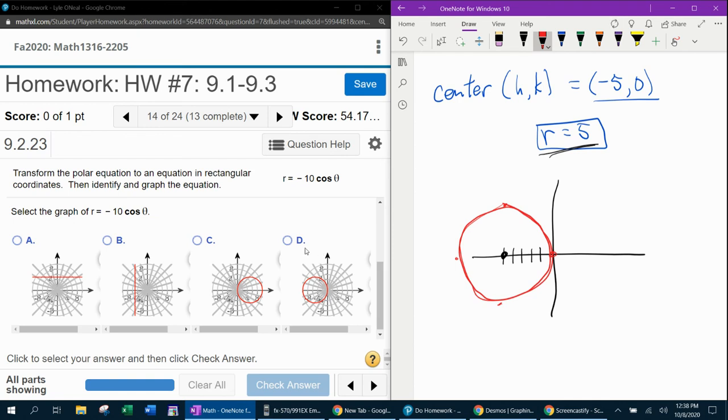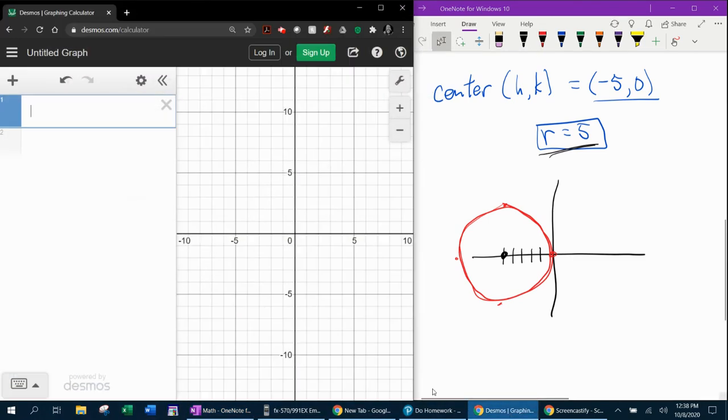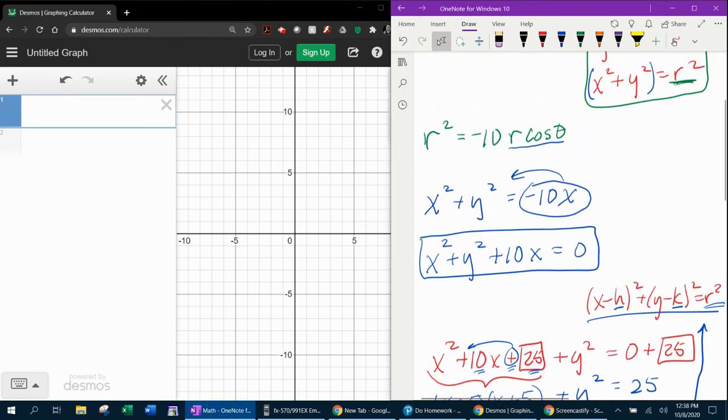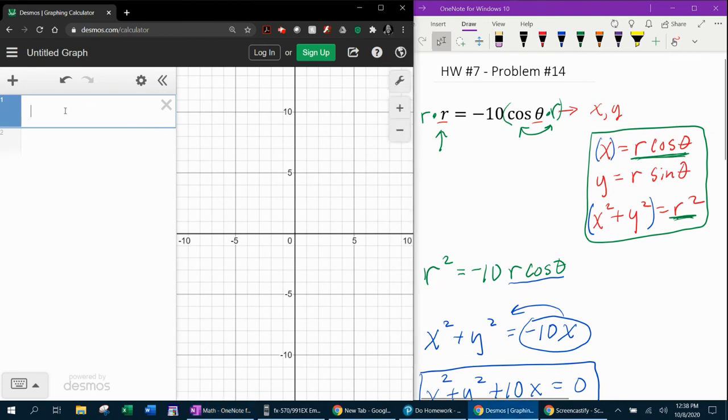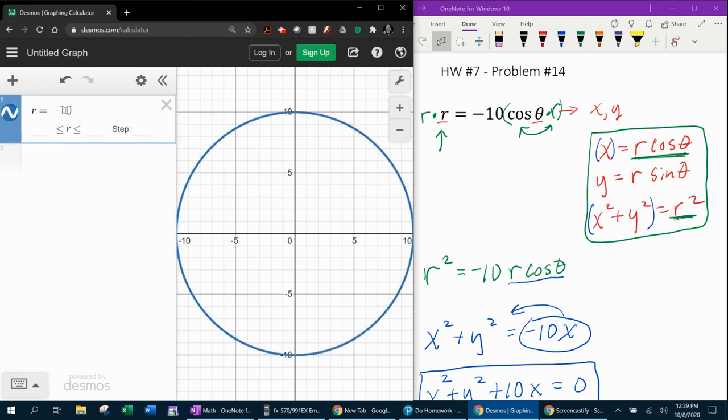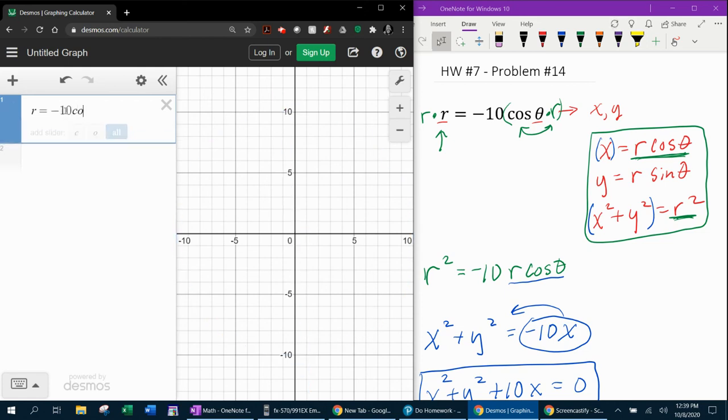And if I stop there, I think I would be cheating you out of some learning. So let's do one more thing in this video. Let's go to Desmos, and I want to show you that Desmos could have told us what this graph is from the very beginning. If I simply type in the original equation, r equals -10 cosine of theta.